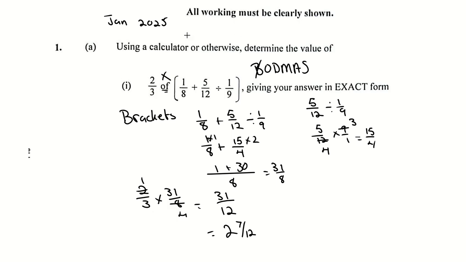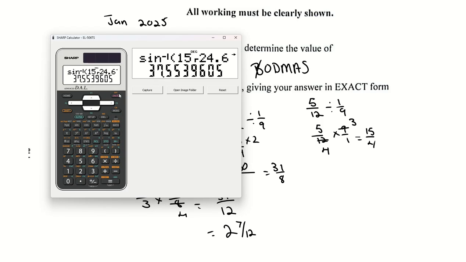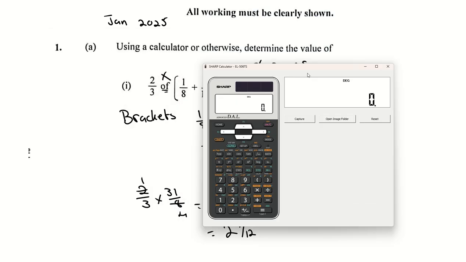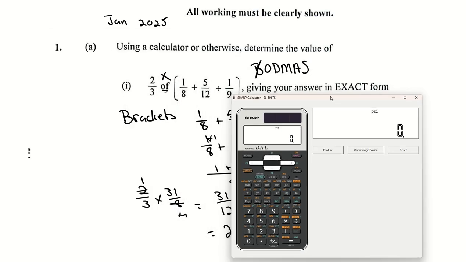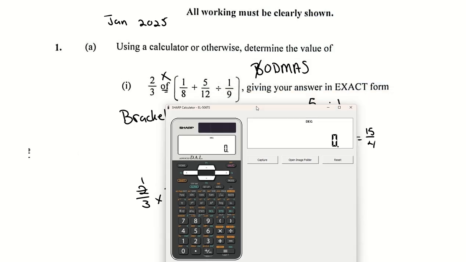Now, because it did say use a calculator, otherwise it's showing you working using a calculator. I'll show you how to use a Sharp calculator, and then I'll show you how to use your Casio calculator.